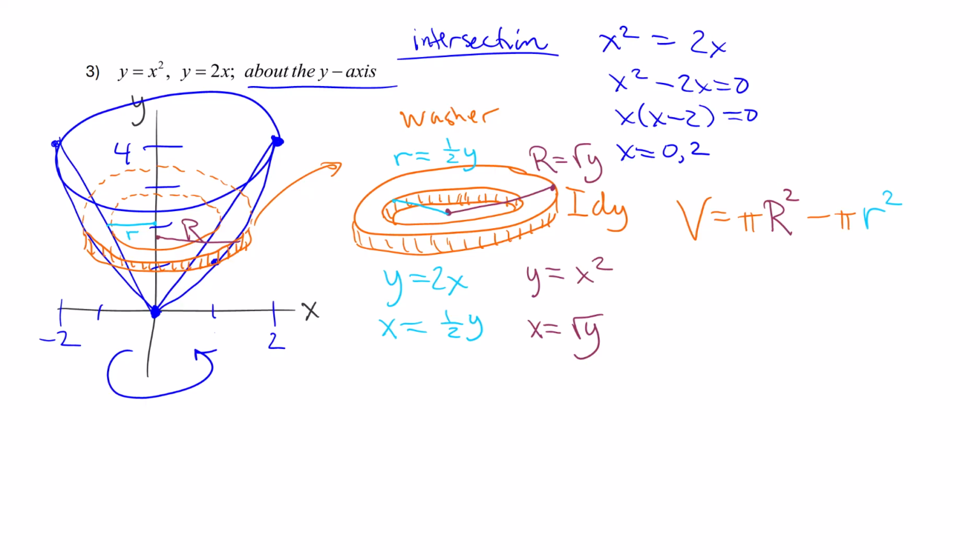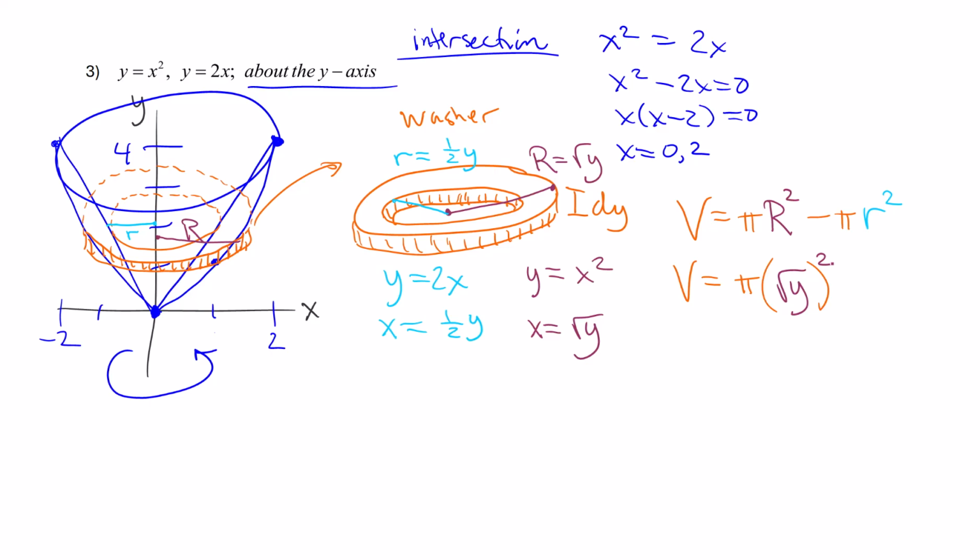So what we can do to make this more user-friendly is now just start plugging stuff in. So we know volume equals pi times capital R. Well, let's put in what we already know for capital R. We already wrote that as square root of y. So I'm just going to plug in square root of y for capital R, and that's going to be squared. So far volume equals pi times the square root of y squared.